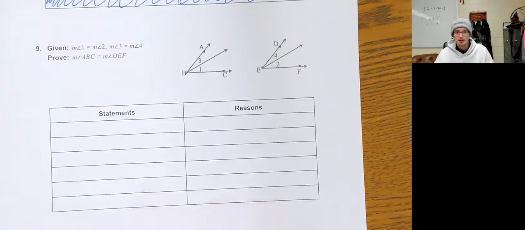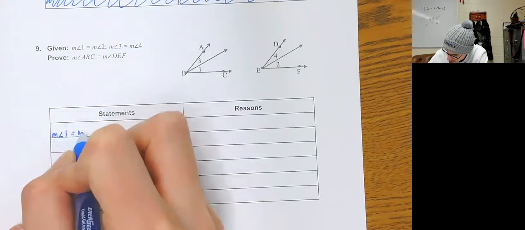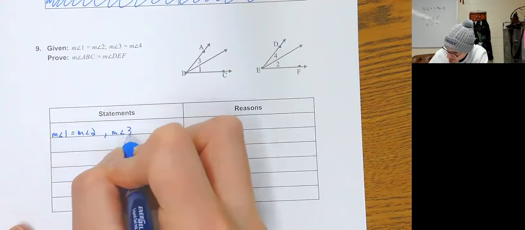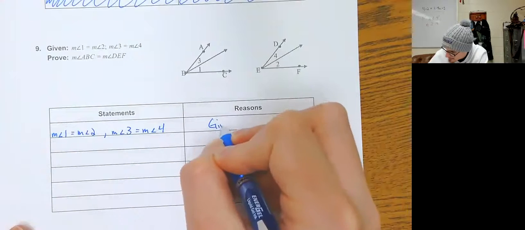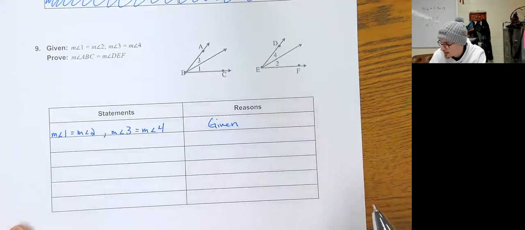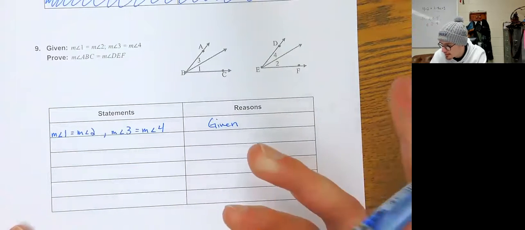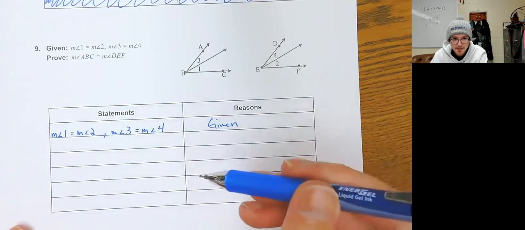Number 9. So we are given measure of angle 1 equals the measure of angle 2, and the measure of angle 3 equals the measure of angle 4, given. Okay, so I'm going to use the angle addition postulate, right? I haven't solved this one, so let's find out.